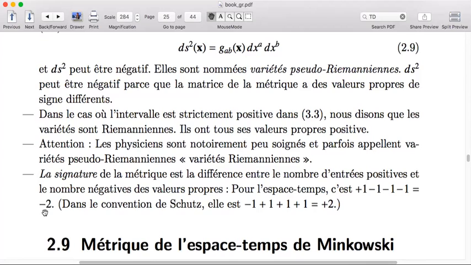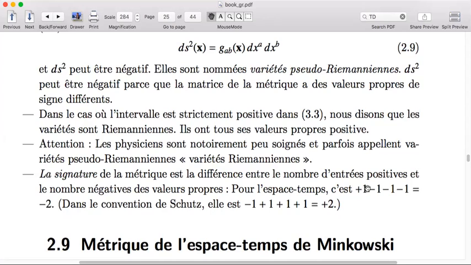It stays the same. Even though the space is curved, the signature of the metric is just this number of eigenvalues that are positive and negative in that way.